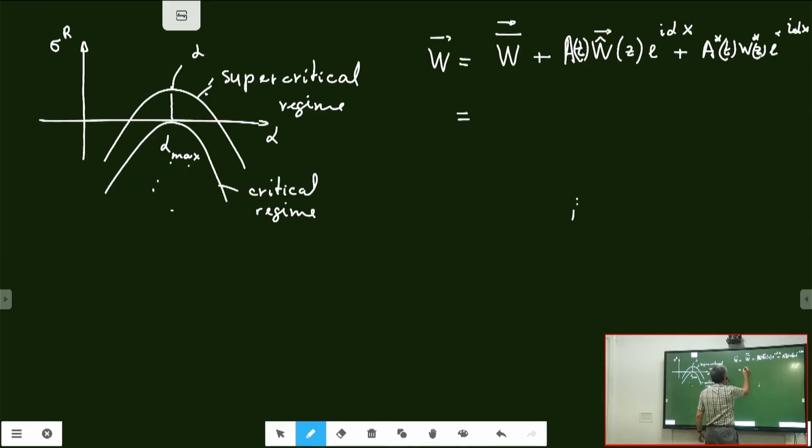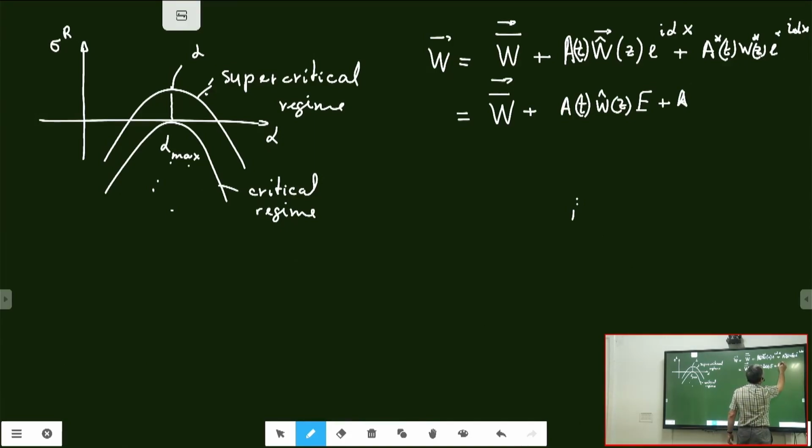And what I will do, I will write it by introducing better notation.